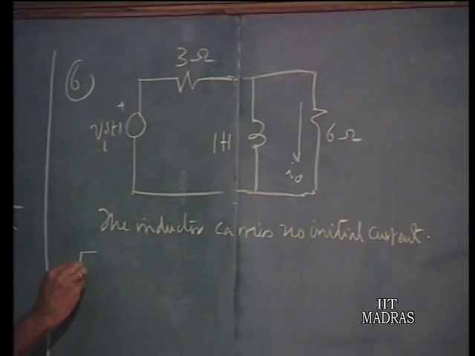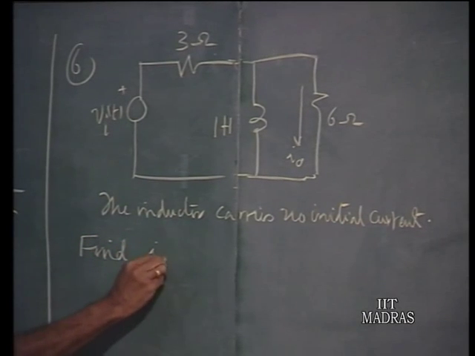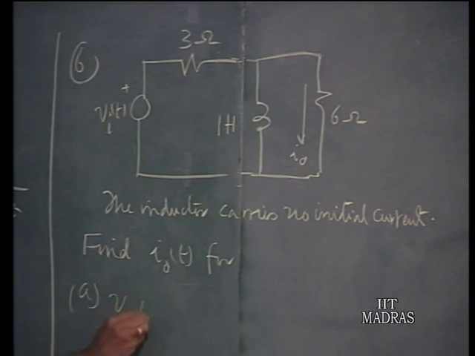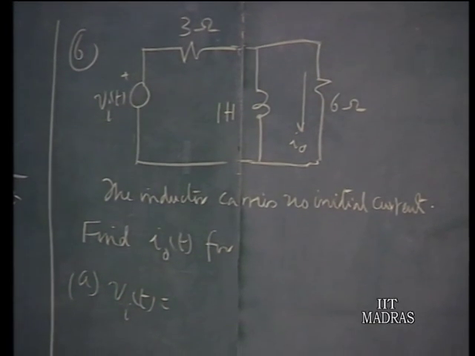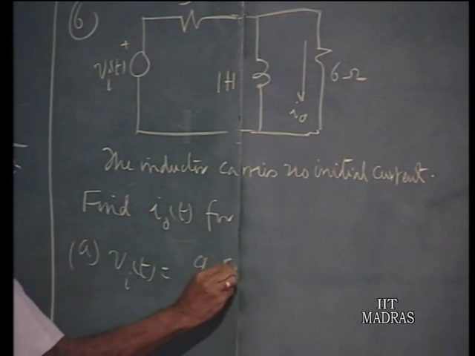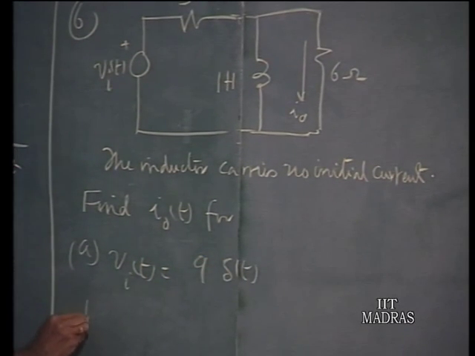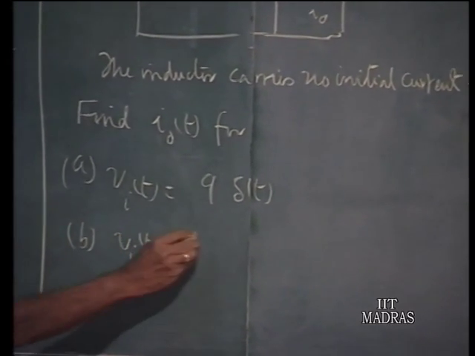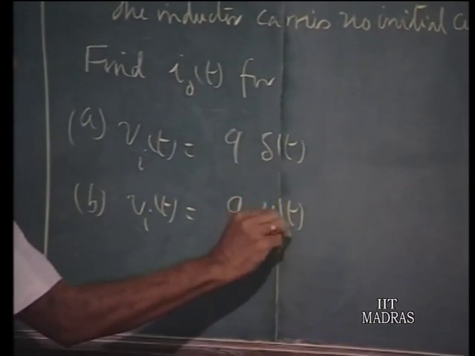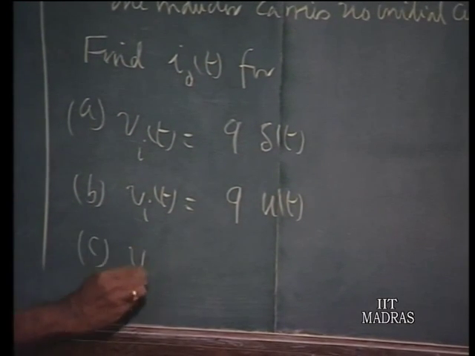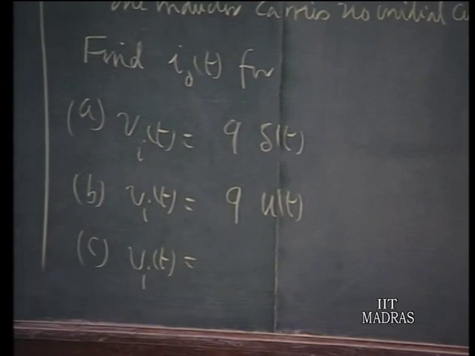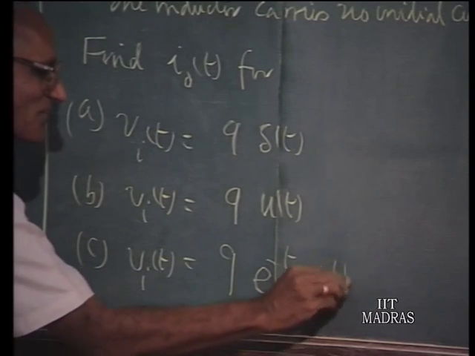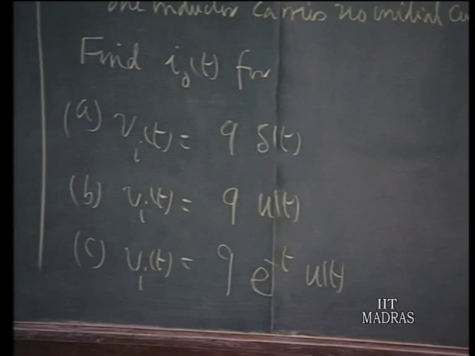We are asked to find the current i naught of t for the following excitations. A, V i of t equals 9 delta t. B, V i of t equals 9 u t. C, V i of t equals 9 e to the power of minus t u t. So, this is the sixth problem.